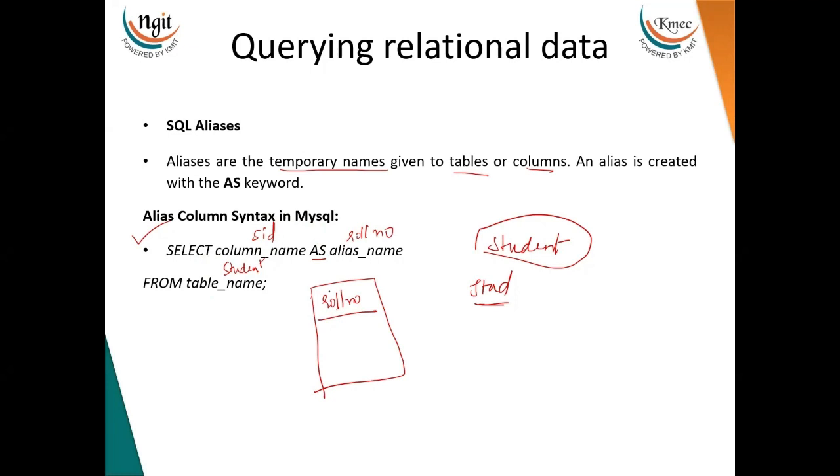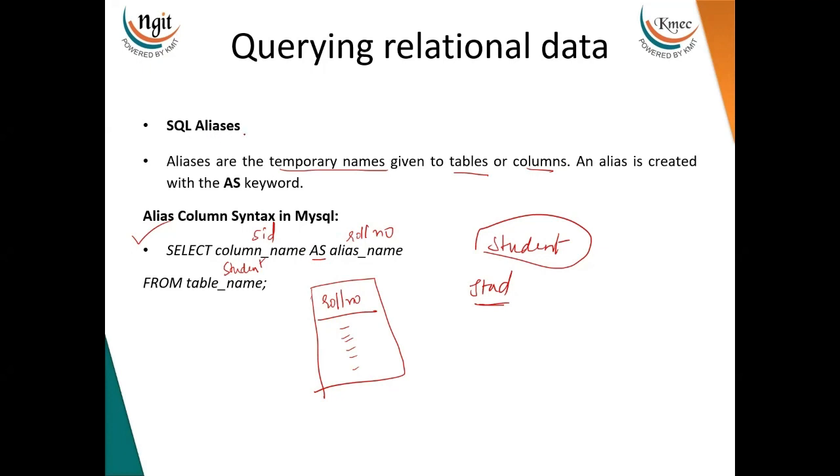So here, instead of SID, it is changed to roll number, and the values which you have given previously for SID, those values will be displayed as they are. Only the column name is changed to roll number. So this is how it happens using the as keyword.